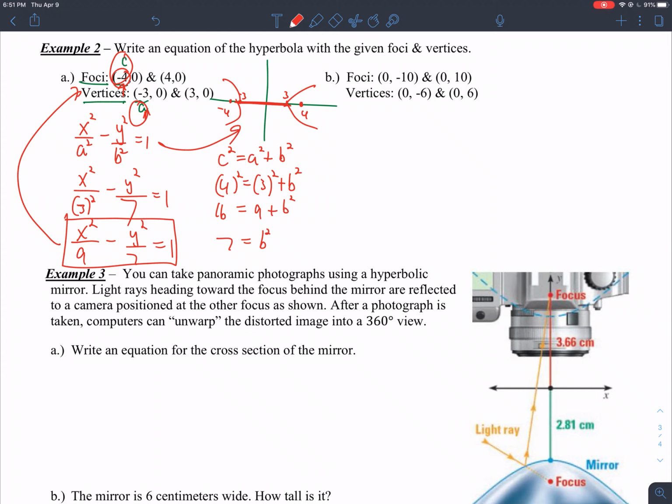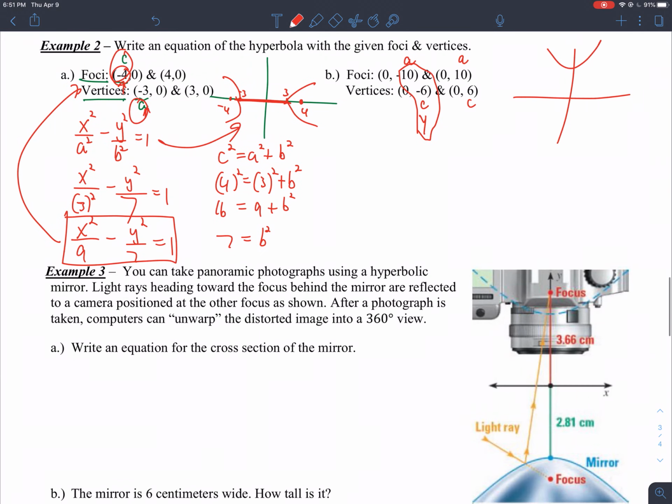Okay, and then the other one is similar, except this time the foci, which are associated with letter C, and the vertices, which are associated with letter A, are y coordinates. You can see that these are all y coordinates, and therefore I know that my hyperbola looks something like this, and I have to use a formula that's this: y squared over a squared minus x squared over b squared equals 1, because the foci and vertices are on the y-axis.